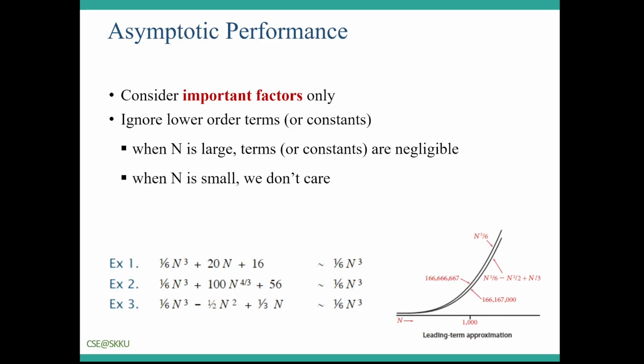It means that Fn is less than or equal to C times Gn. This confirms that Fn is in big O of Gn. So this indicates that Gn is an upper bound of Fn.